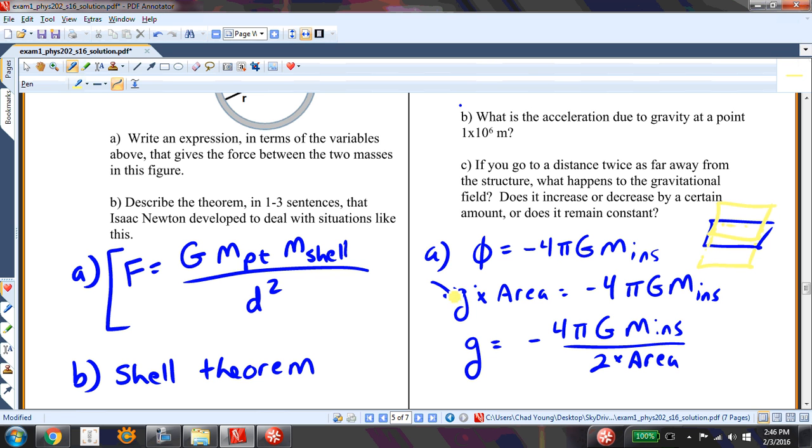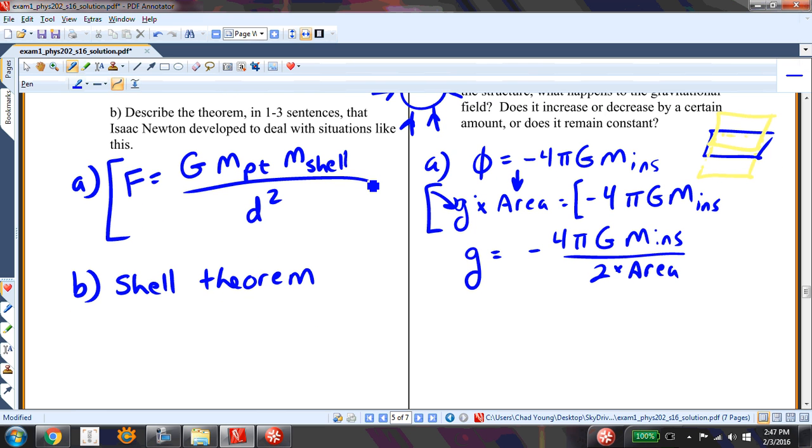And then the flux that is going through that Gaussian surface has to equal, this is our flux, twice the area, because I have 2 sheets, has to equal this negative 4 pi G mass inside. And remember, the negative is because if we think about our gravitational field lines, they're always going towards the mass. And so our gravitational field has a positive value.